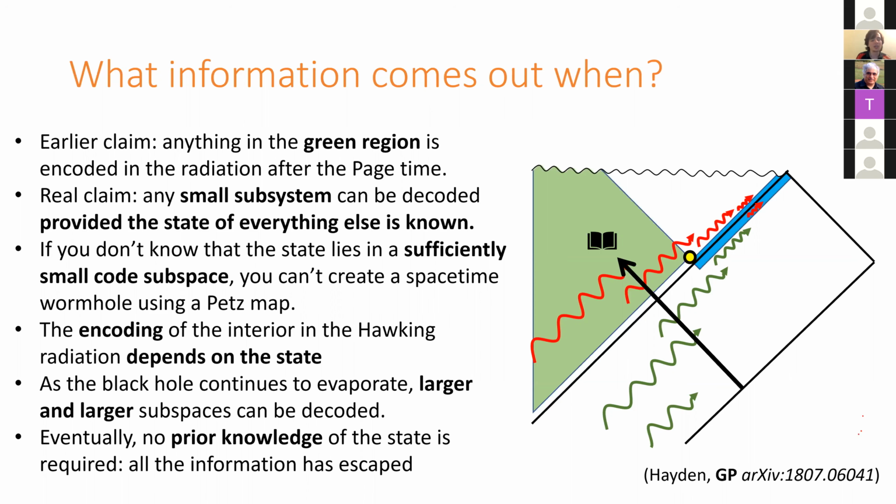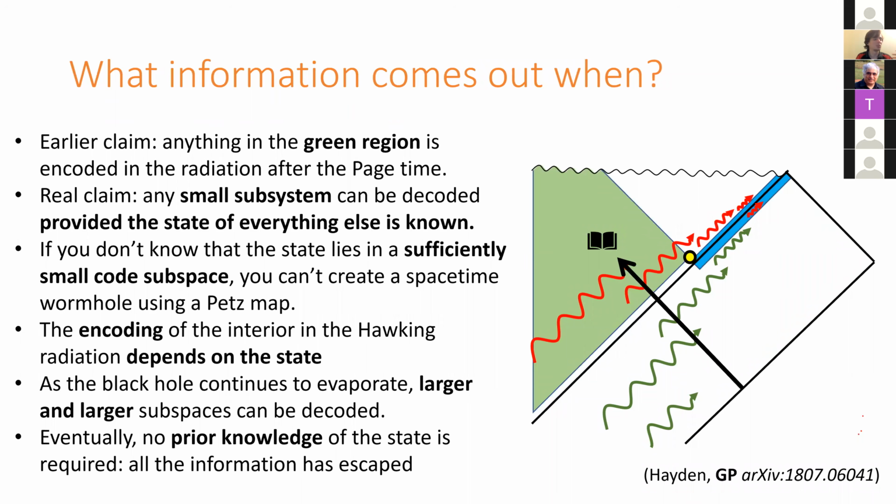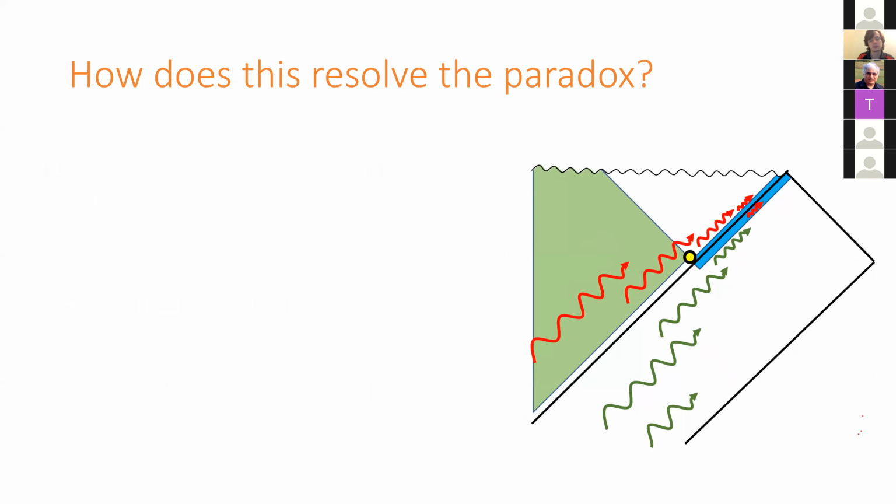Eventually, you don't need any prior knowledge of what was thrown in at all. All the information about the initial state of the black hole has escaped. Interesting fact, this actually happens even while the black hole is still semi-classically large. It happens when the black hole is about 90% evaporated. And that's just because black hole evaporation is a thermodynamically irreversible process.